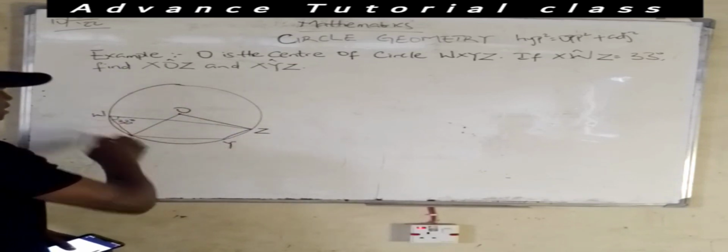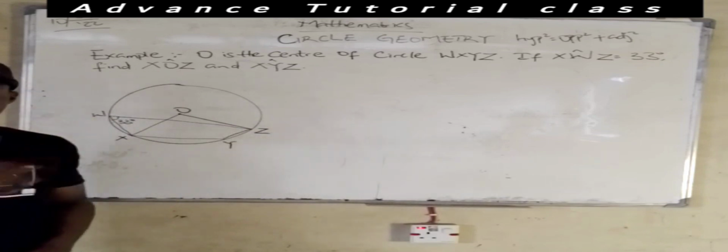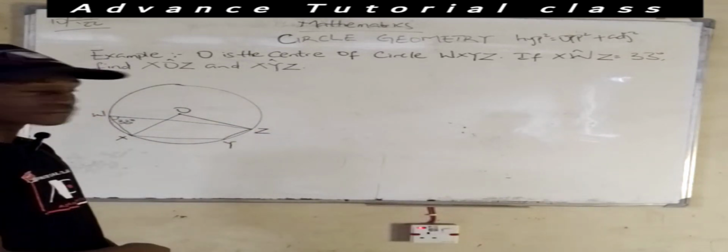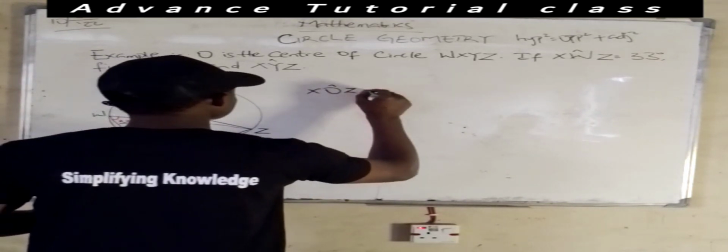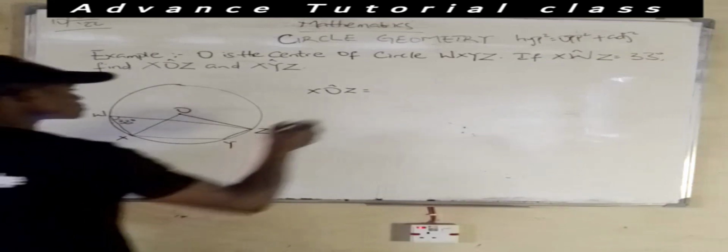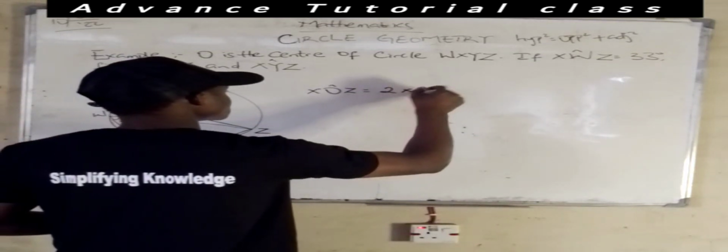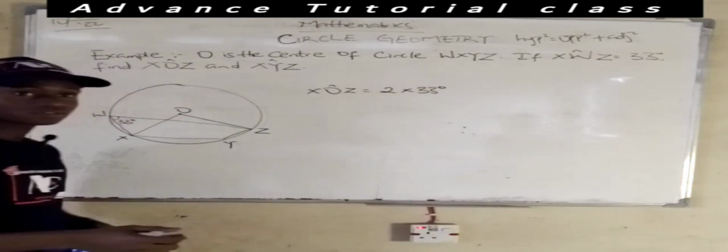Now we have to find XOZ and XYZ. Looking at this theorem 2, to find XOZ, 2 times 33 degrees. Why?